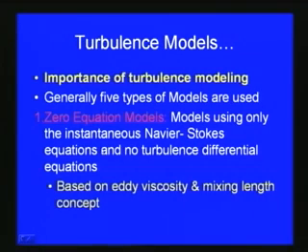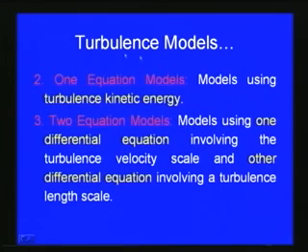The second turbulence model is called the one equation model. Here we use the turbulence kinetic energy. Instead of directly using the differential equation, we use the turbulence kinetic energy to get a solution for velocity or pressure variations. And the third kind of models are called the two equation models.